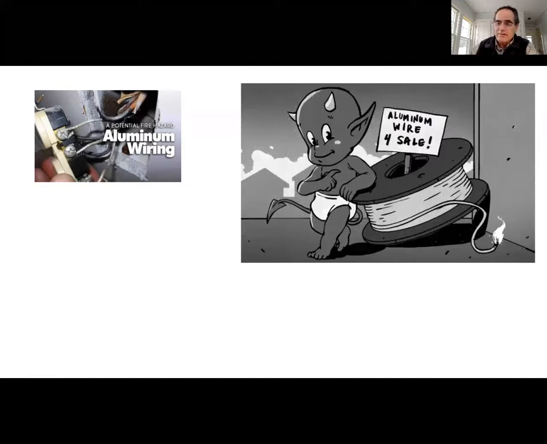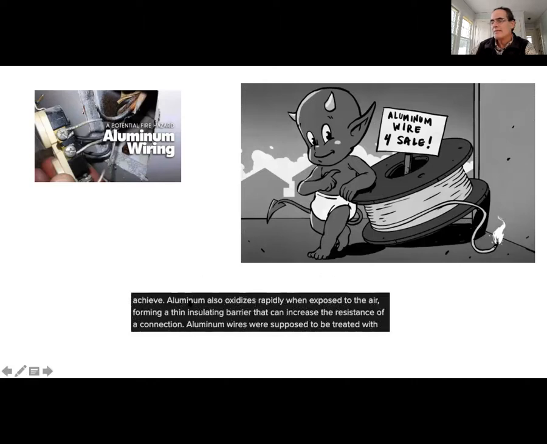Because there's a problem with aluminum too. The first is, of course, aluminum is flammable. The second is that aluminum provides a nice way to light that fire as well. Because aluminum oxidizes rapidly when exposed to air. And this insulating barrier at the surface gets thicker and thicker over time.